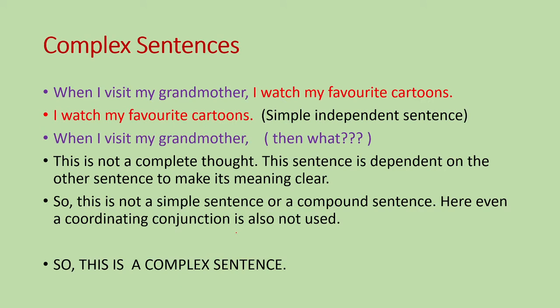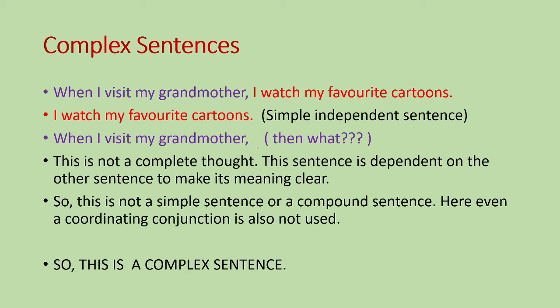Now the complex sentence. Let's have a look at this sentence. When I visit my grandmother, I watch my favorite cartoons. I watch my favorite cartoons. This part of the sentence is complete and the meaning is clear. So it is an independent sentence. But this purple one, when I visit my grandmother, then what?